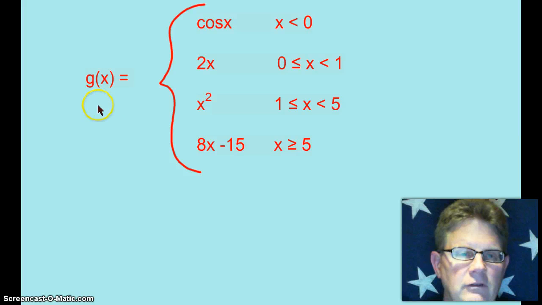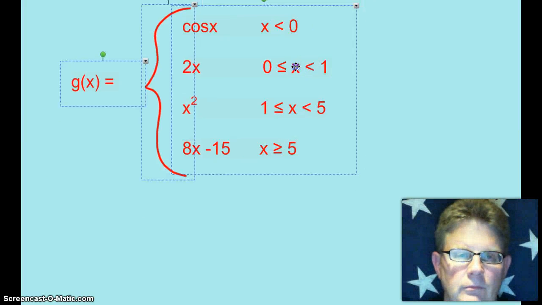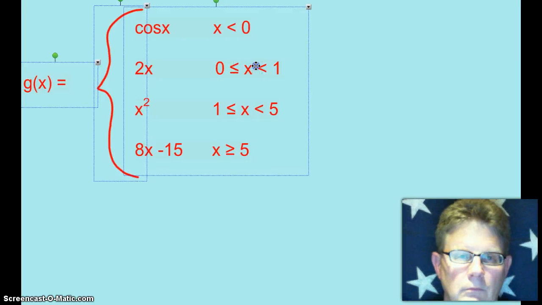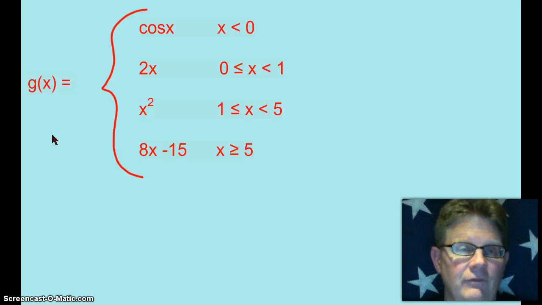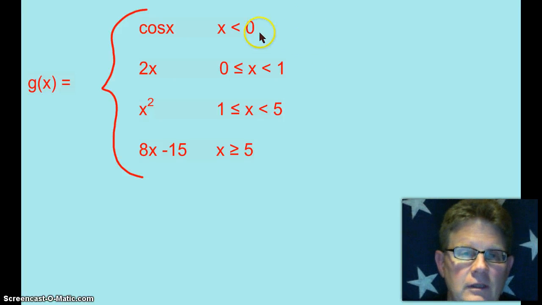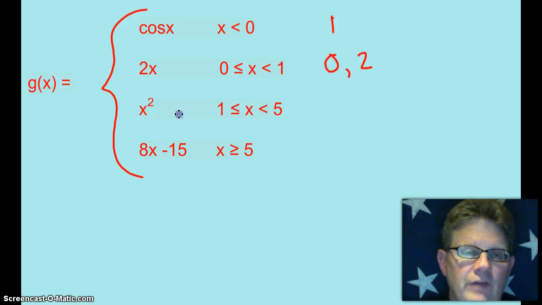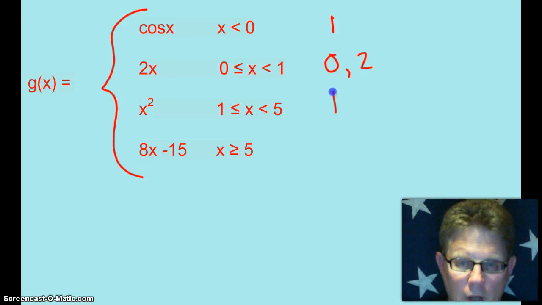Alright, here we have g of x defined. It's a piecewise function. Let's first of all see where it is discontinuous and non-differentiable. So let's go ahead and evaluate these. Cosine of x as x approaches 0. Cosine of 0, 1. 2x evaluated as x gets close to 0, 0. The value of 2x as x approaches 1, 2. The value of x squared as x approaches 1, 1.